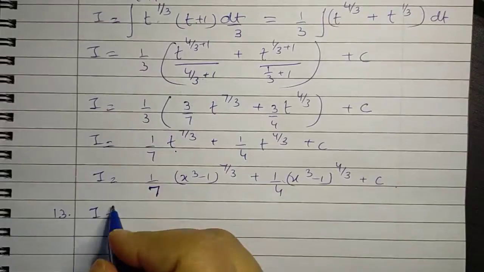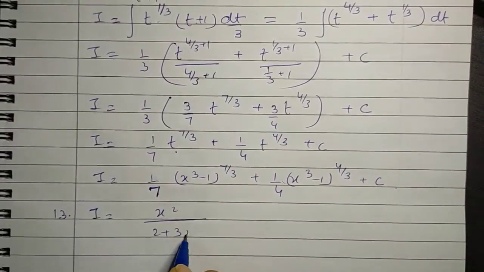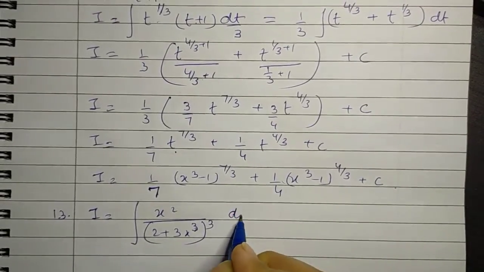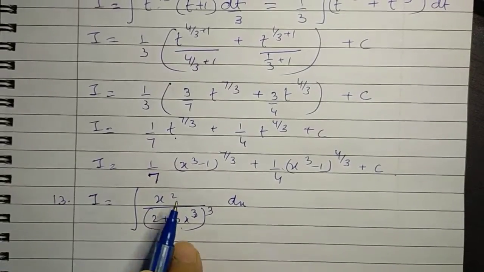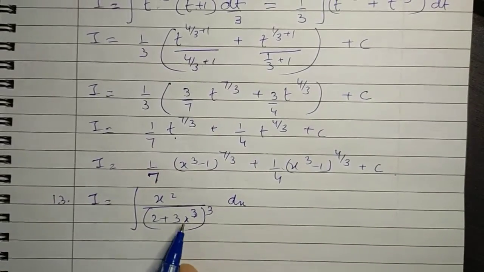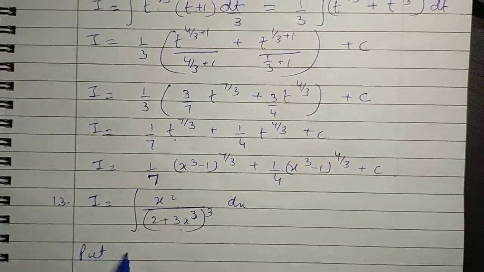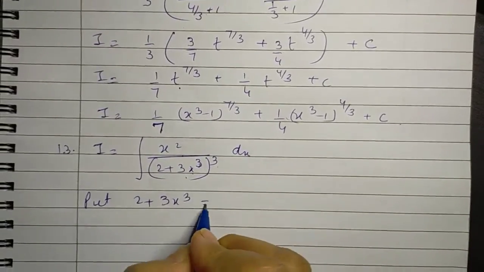I is equal to the integral of x square over (2 plus 3x cube) whole cube dx. Now again, it's a quotient of two functions, out of which the denominator is a function of a function. So by default we'll put 2 plus 3x cube, that is the inner function, as t.